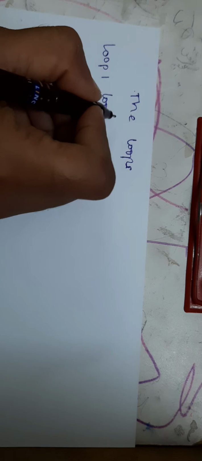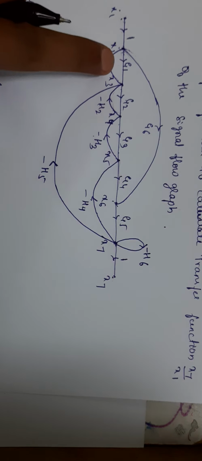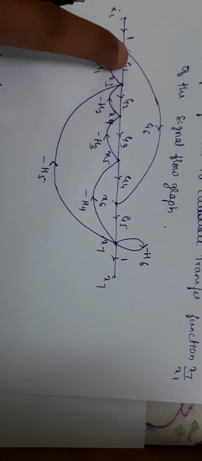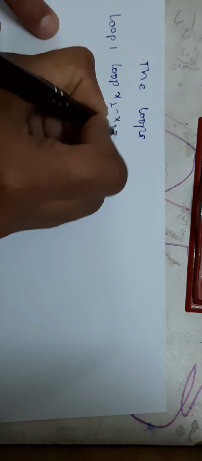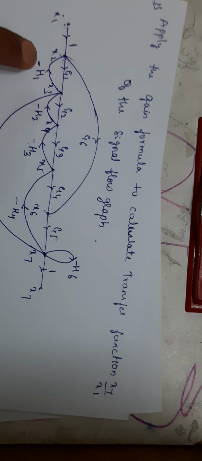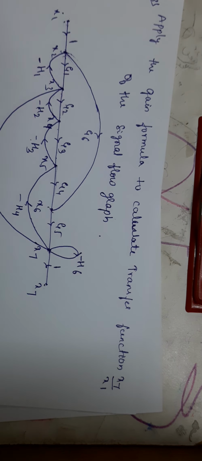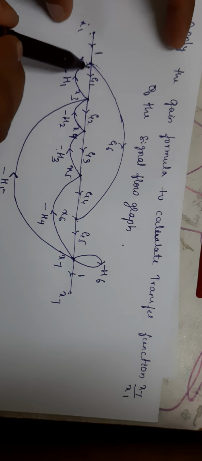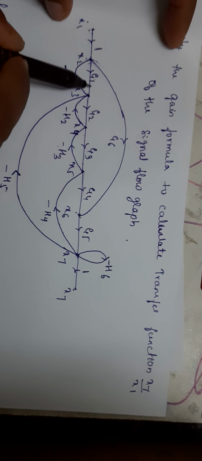So loop 1 is x2 to x3, x3 to x2. L1 is the product of the gains of that loop, the product of the gains of the branches, that is G1 into minus H1, so minus G1 H1.